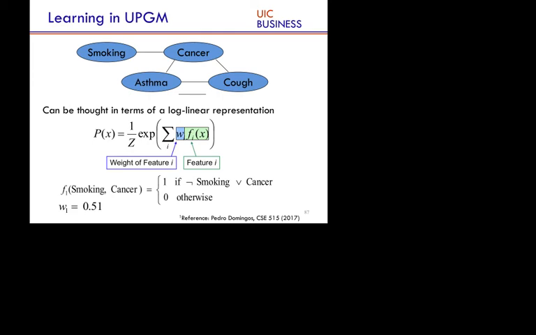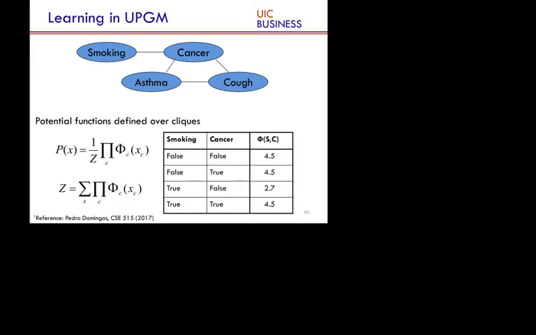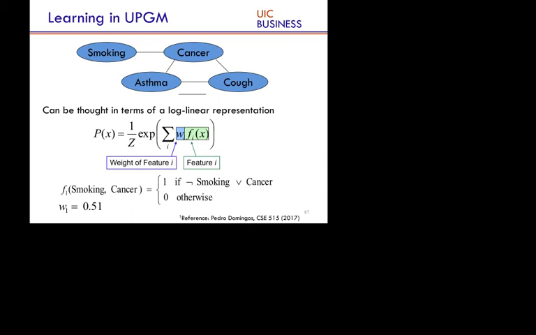Is this clear, or should I write it? Okay. Yeah, e to the power a plus b. So if you think of these as the phi's as before, then that's all we have done here, and we have explicitly required that phi of s comma c be equal to e to the power w_i times f of s comma c.